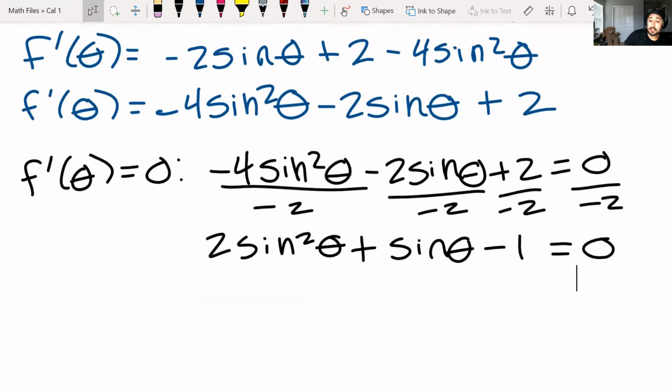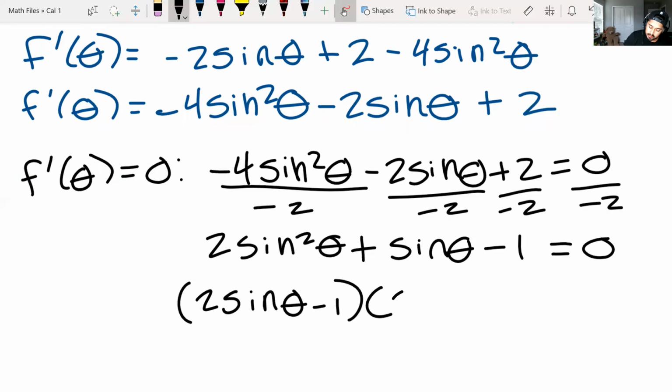And now, does this factor? And the answer is yes. You get 2 sine theta minus 1, and then sine theta plus 1 equal to 0. 2 sine squared, 2 sine minus sine gives me sine, and then that gives me negative 1.